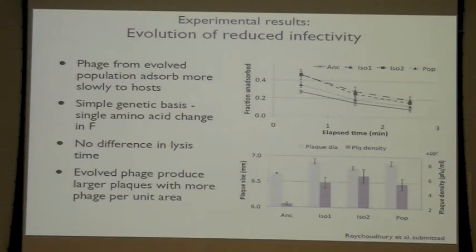So I went into the evolved population and decided to assay it to determine what are the absorption rates of phage in that population and lysis times and fitnesses. So immediately what stood out was that this evolved population of phage actually got worse at absorbing to their hosts than the wild type.